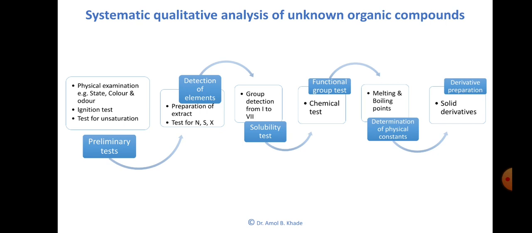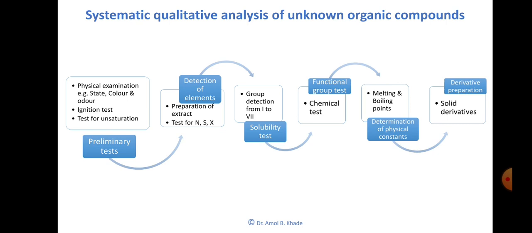Then we perform a solubility test to categorize our compound into group 1 to group 7, and then we subject it to the suitable functional group test, and then we can find out the melting point or the boiling point of the compound.